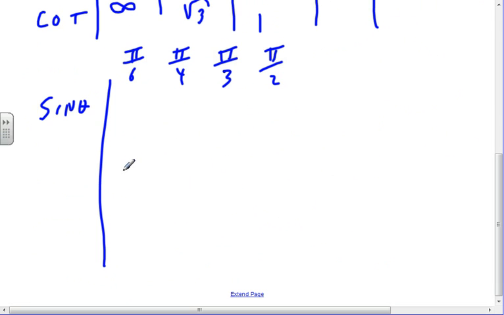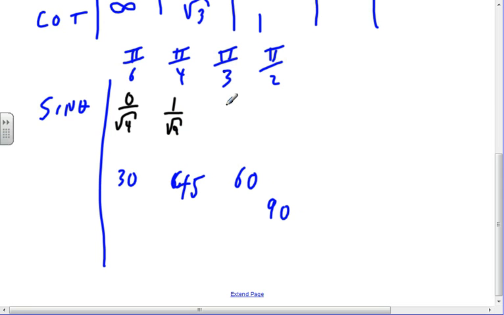And I'm going to remember that that's 30, 45, 60, and 90 degrees, but I'm not going to write it down. And then I'm going to write 0 over the square root of 4. 1 over the square root of 4. 2 over the square root of 4. That's wrong.